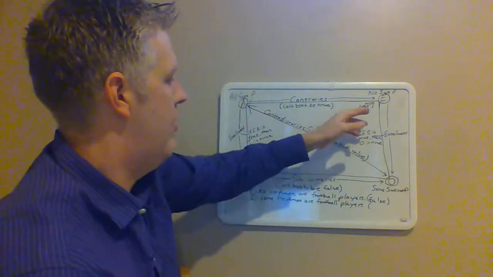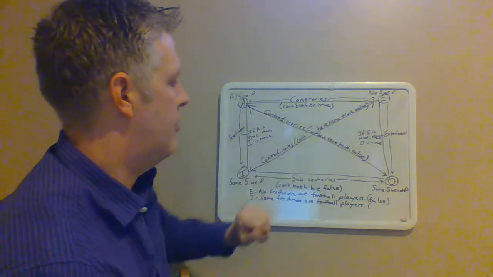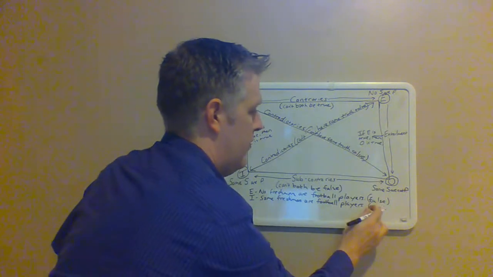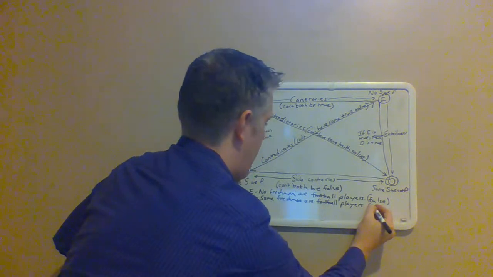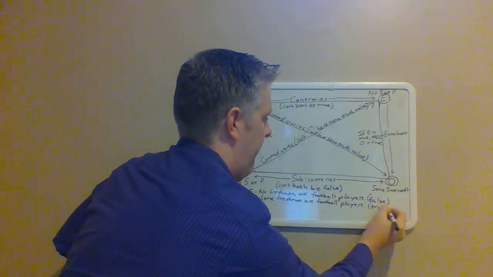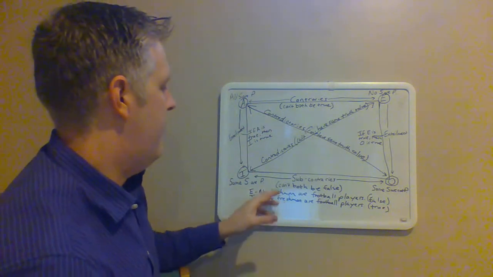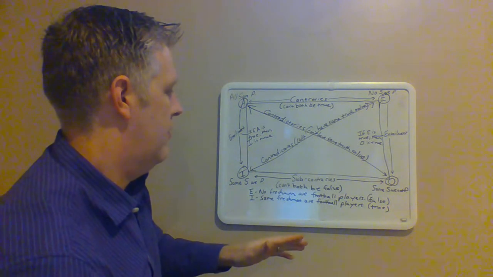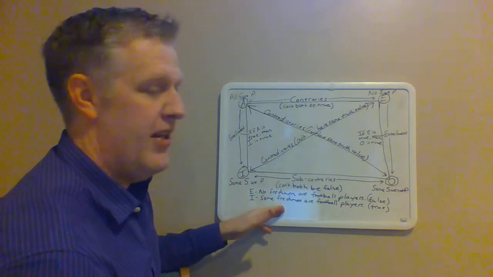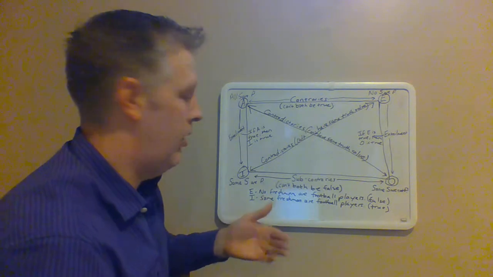Okay, and since we know that the E and the I can't have the same truth value, since the E was said to be false, well then the I would have to be true. Okay? So if "no freshmen are football players" is false, then it has to be true that some freshmen are in fact football players.